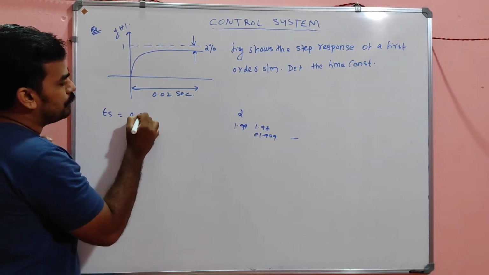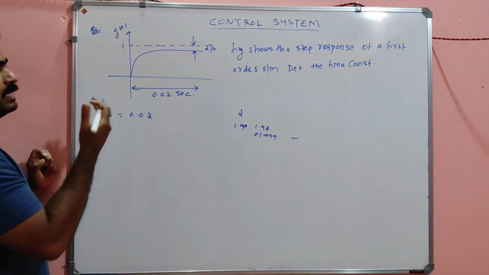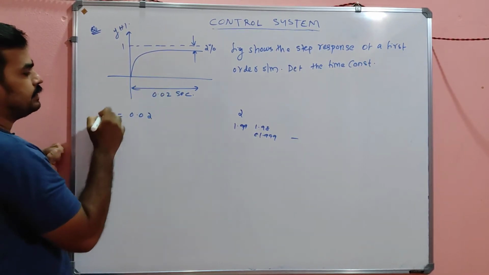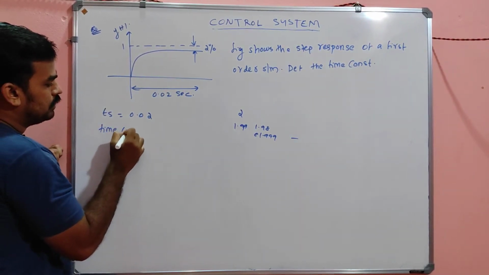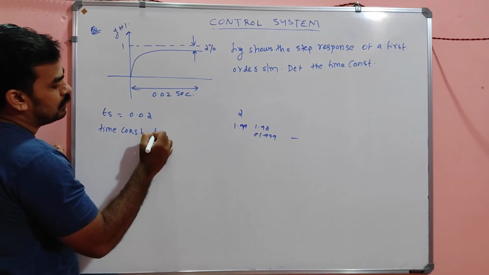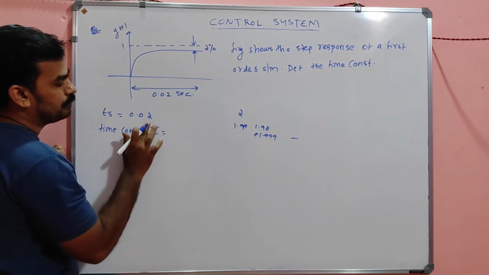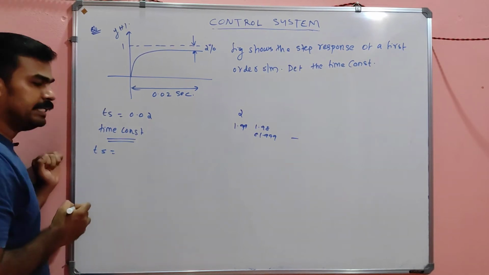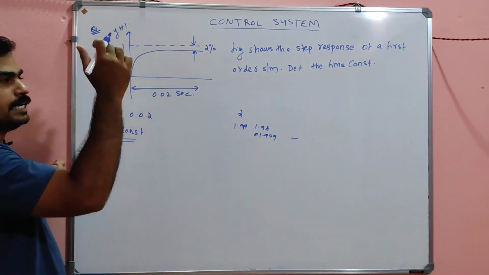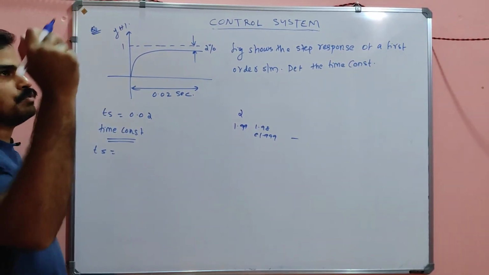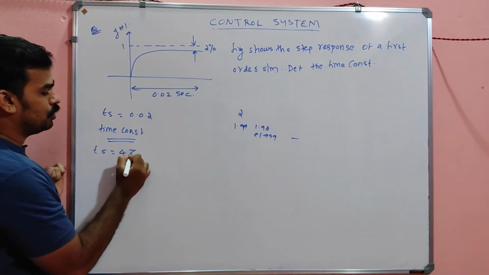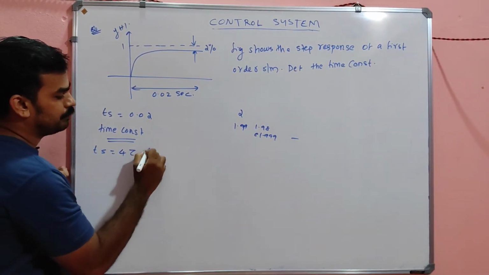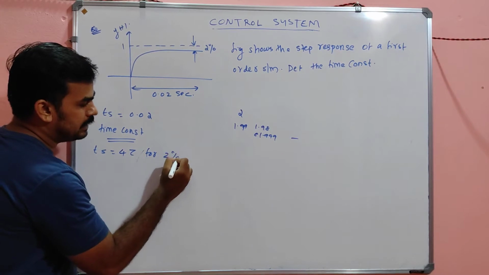If the settling time is given, how can we find the time constant tau? We have settling time TS equal to 3 tau, 4 tau, 5 tau for 5%, 2%, 1%. So it will be 4 tau for 2% tolerance.